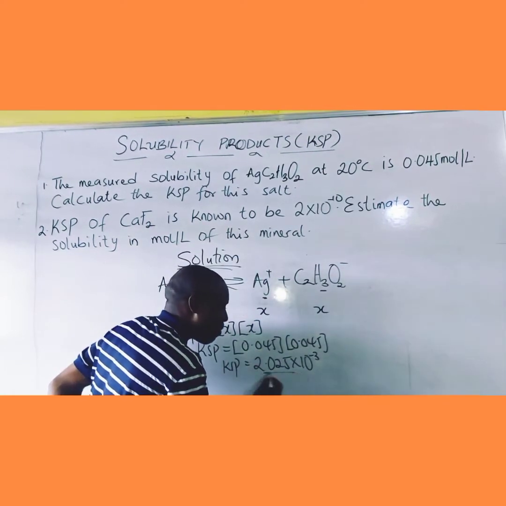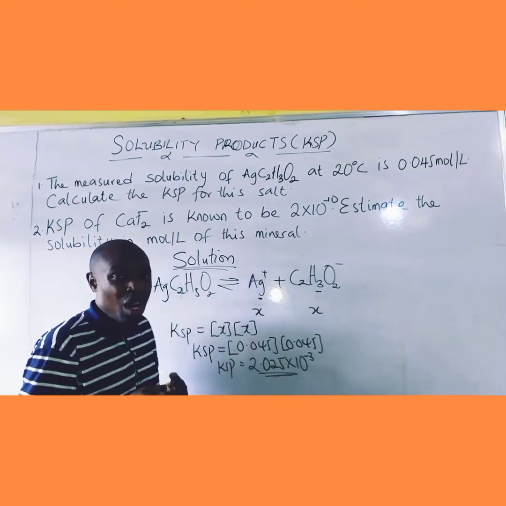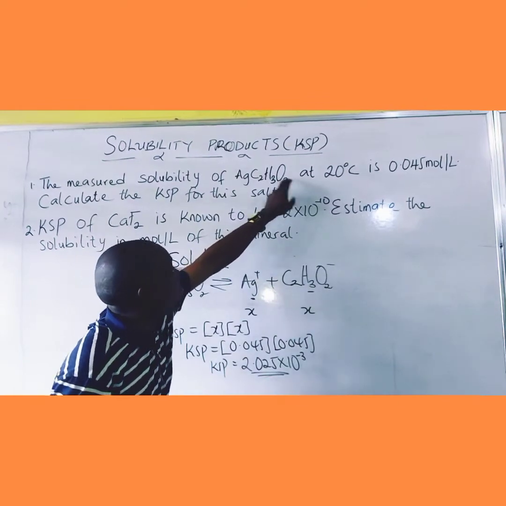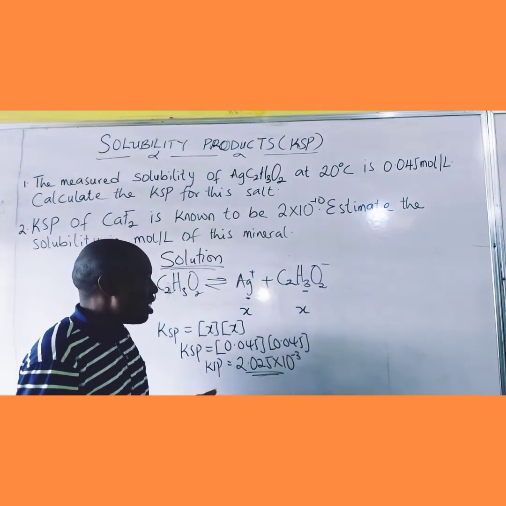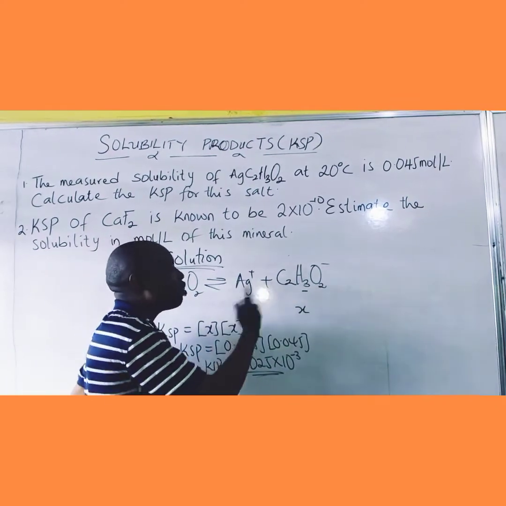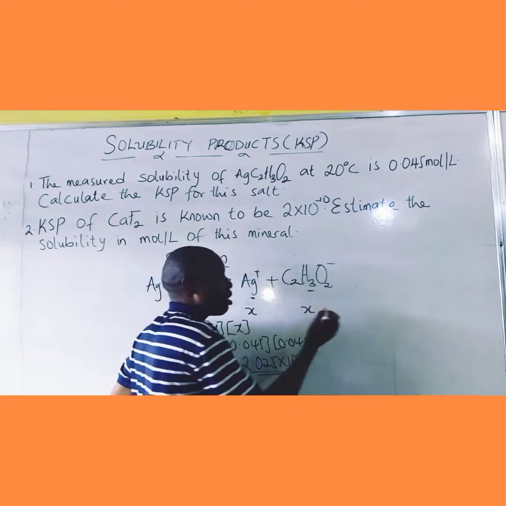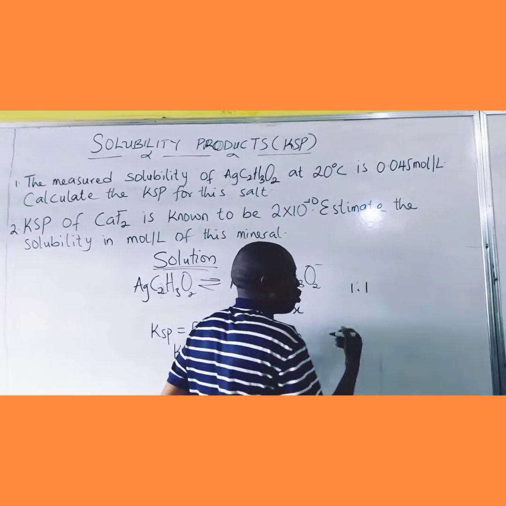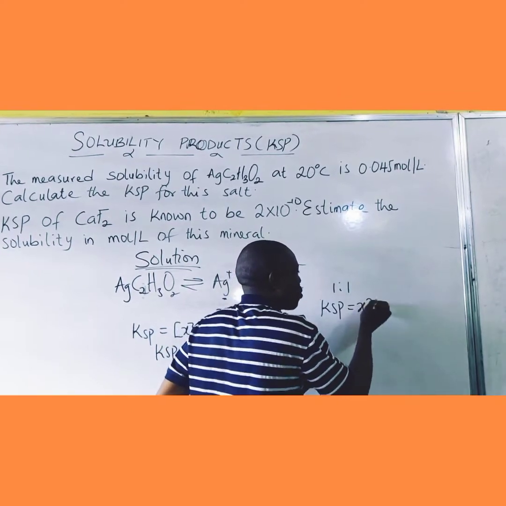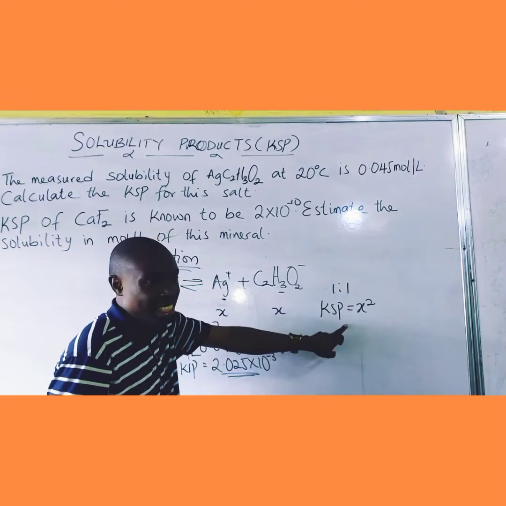This is the final answer to question 1, so that the solubility product of this salt is this. Now, as a shortcut, whenever the ratio of the ions of a substance is 1:1, just know that your Ksp is equal to X squared. Don't waste time. That is how easy it is.